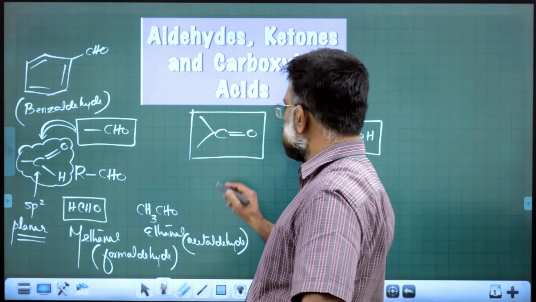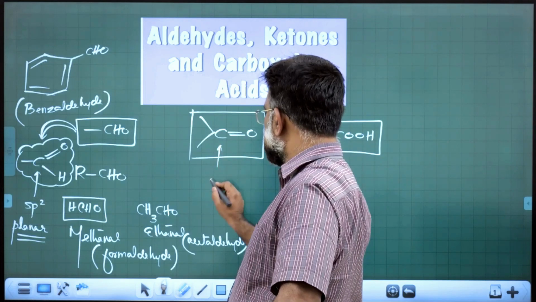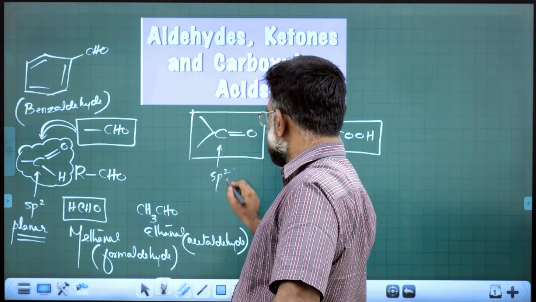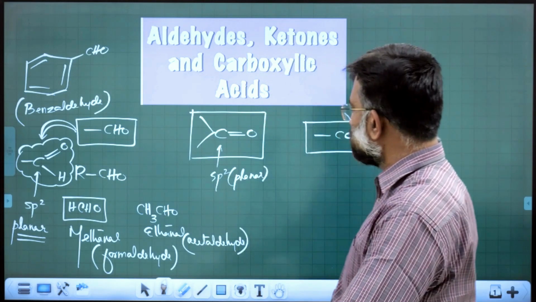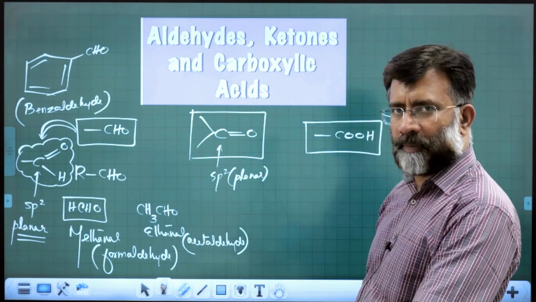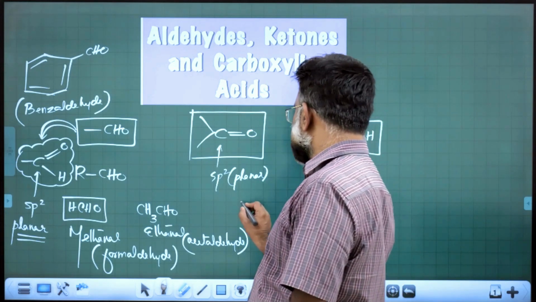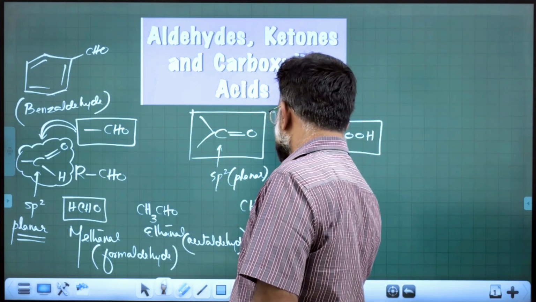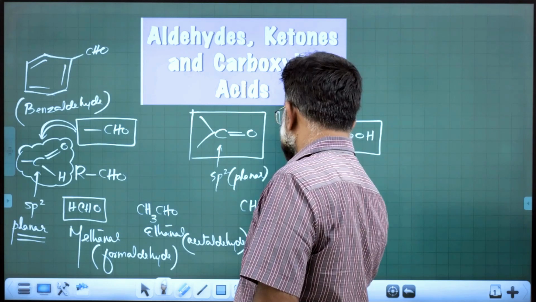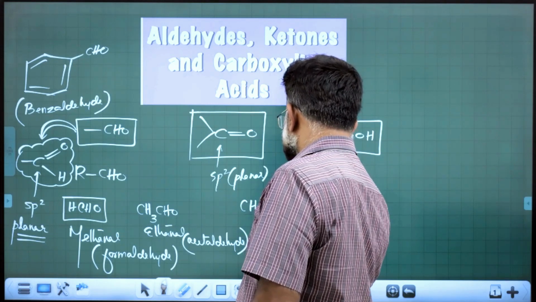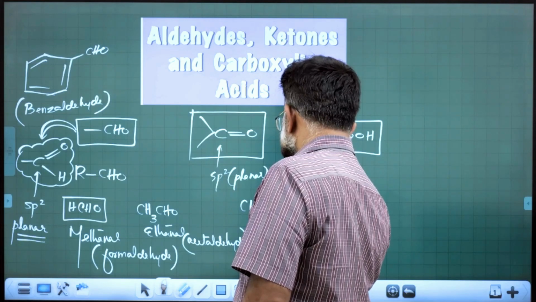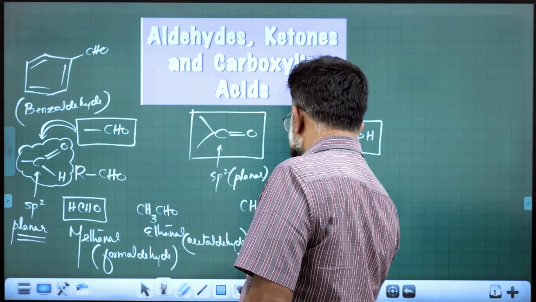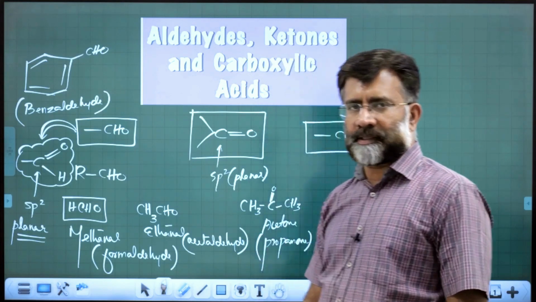While in ketones, once again, it is sp2 carbon and a trigonal planar system. And the simplest ketone is known to all, acetone, propanone. This is the simplest ketone, the so-called acetone. IUPAC name, propanone.